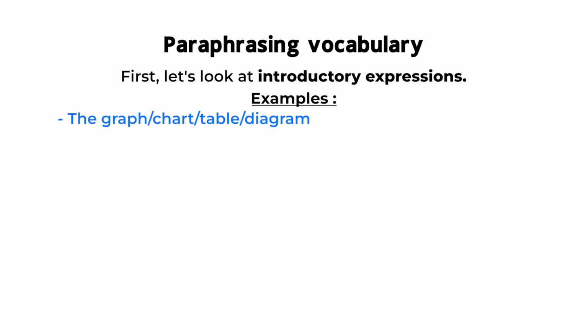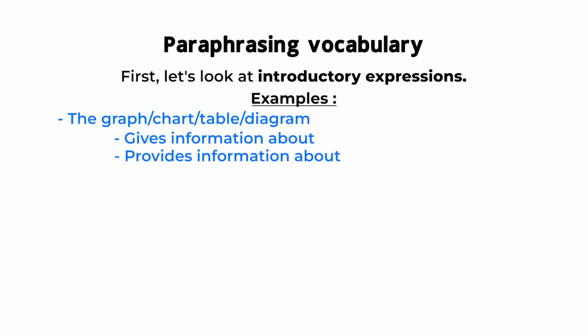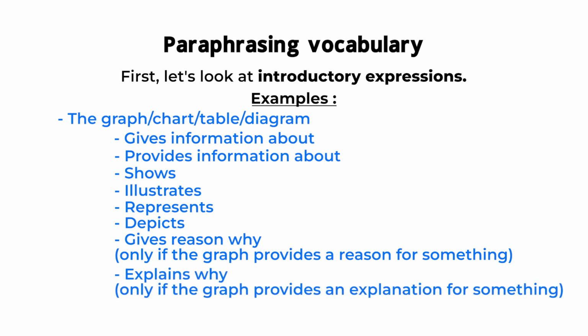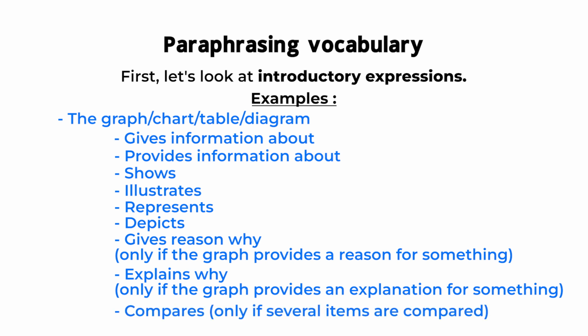The graph, or chart, or table, or diagram gives information about, provides information about, shows, illustrates, represents, depicts, gives reason why, only if the graph provides a reason for something, explains why, only if the graph provides an explanation for something, compares, only if several items are compared.